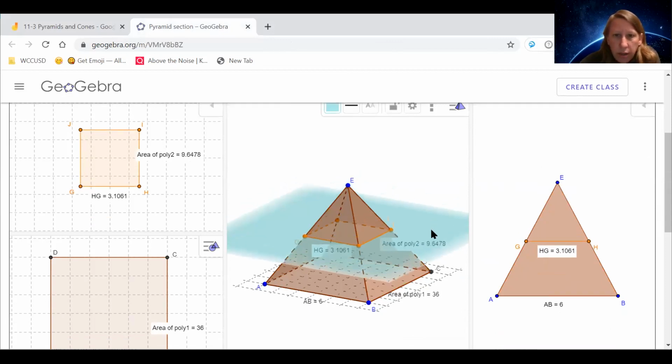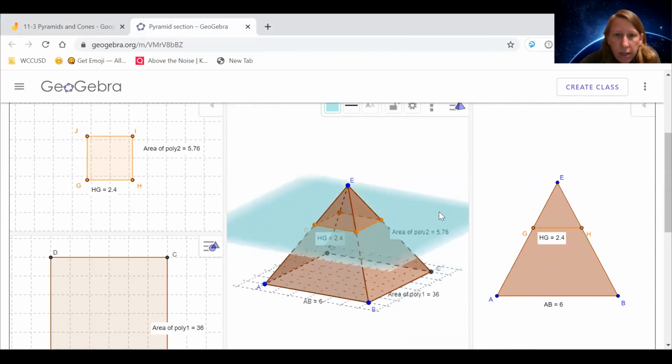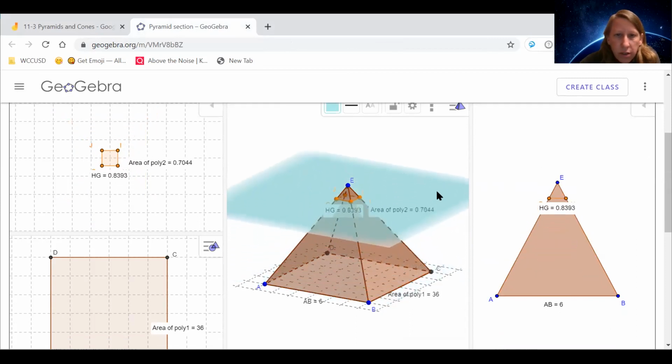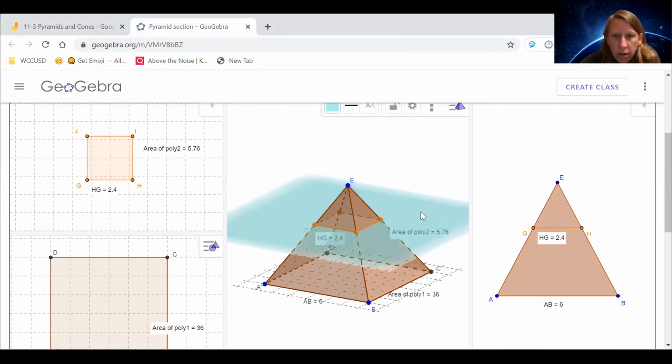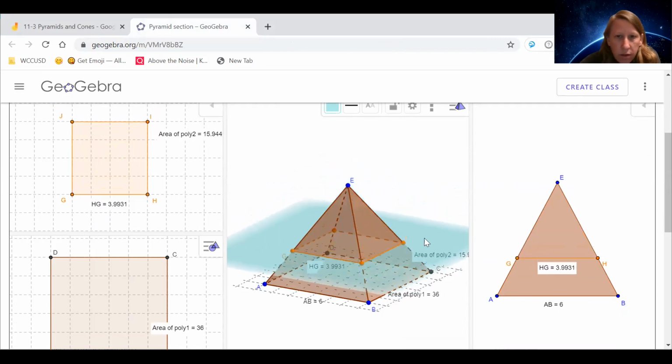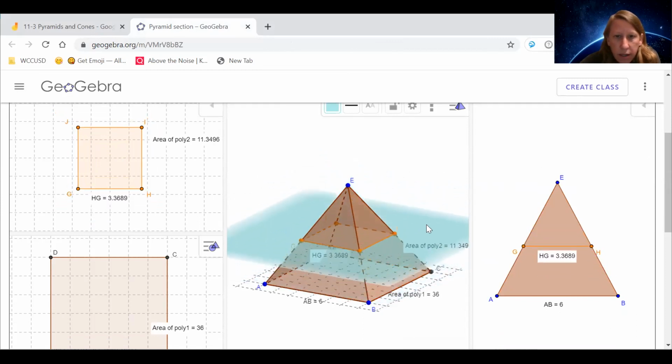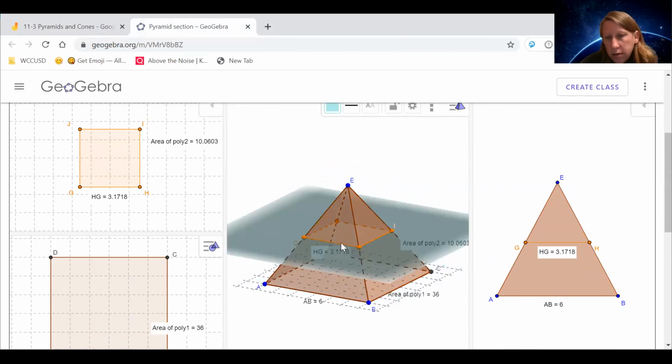We can look at the cross section. So as it gets closer to the top, the area of the cross section is getting smaller. So all of these areas are the same.